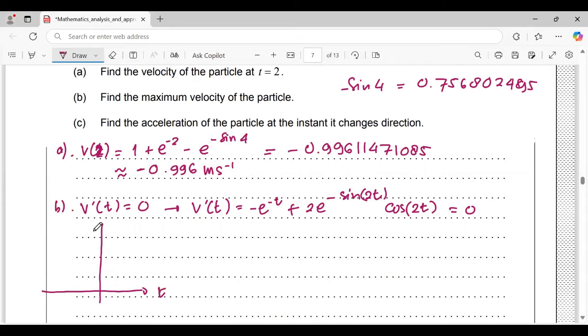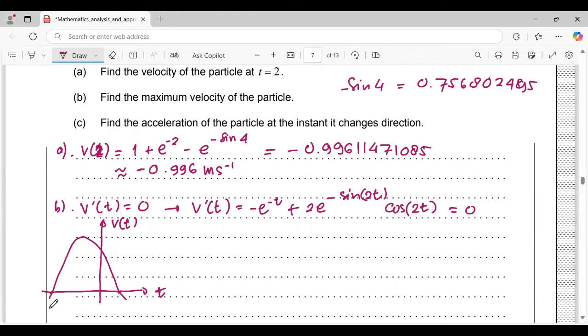This is the t-axis and this is the velocity axis, and the graph is like this. This is the intersection with the t-axis.